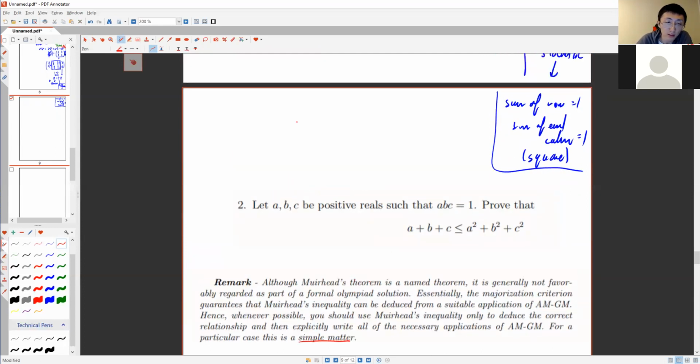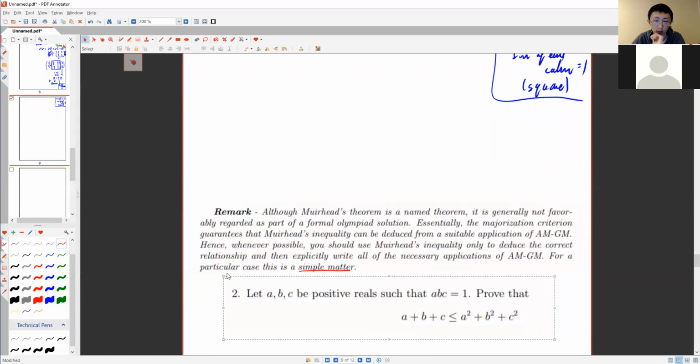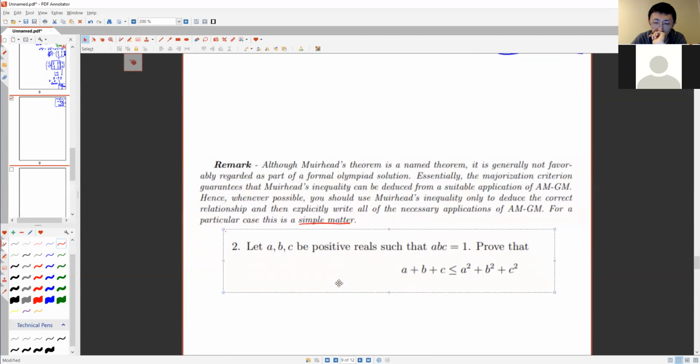So let's look at number 2. Number 2 is kind of annoying because it's not homogeneous. Homogeneous just means that each term has the same degree as a multivariable polynomial term.